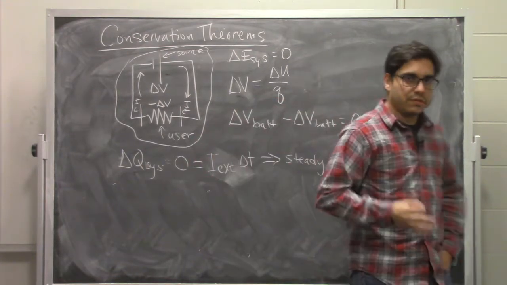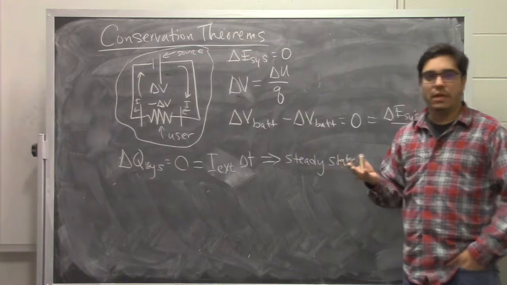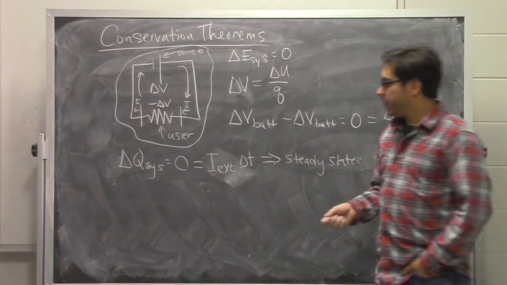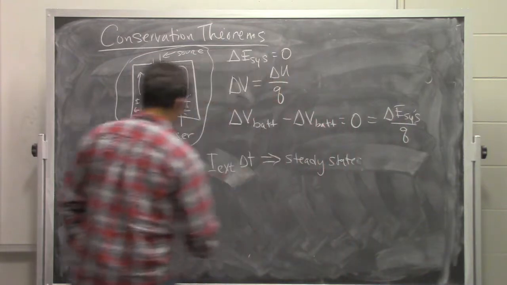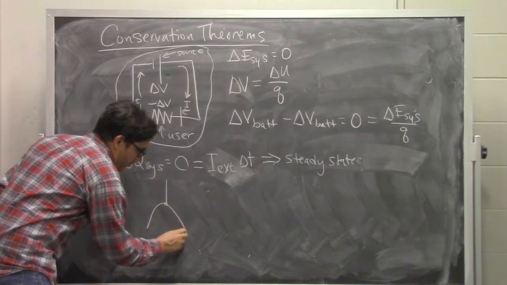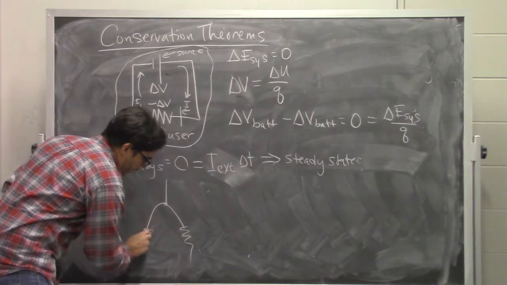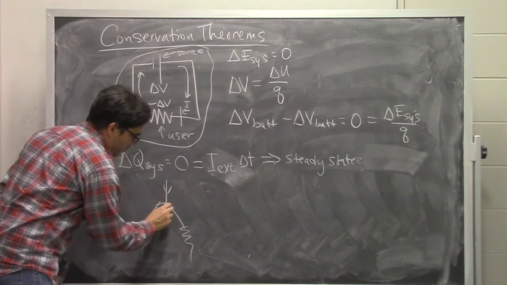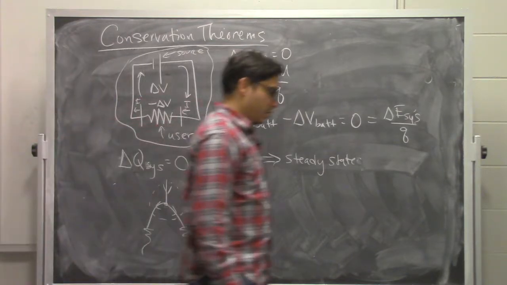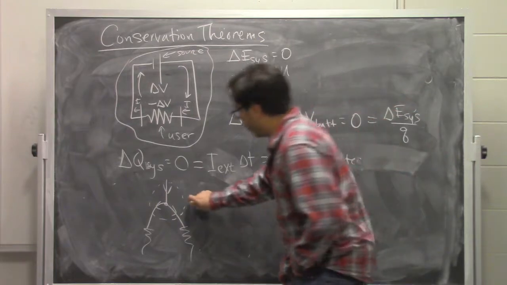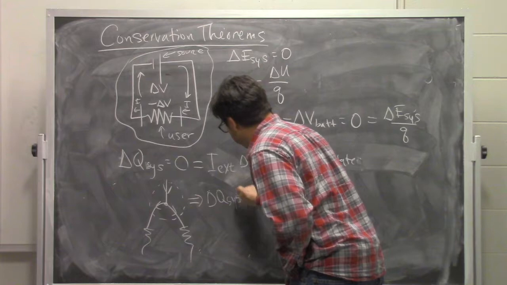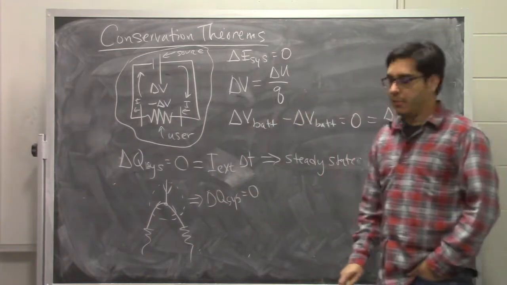That steady state assumption tells us that the total current in any branch of the circuit is going to be the same. If we have a more complicated situation, so for example, if we have a situation where a circuit branches off into two parts, for example, like this, which is something that you've analyzed before, we can take that whole thing in the steady state, and we find that in the steady state, the change in charge is going to be equal to 0.